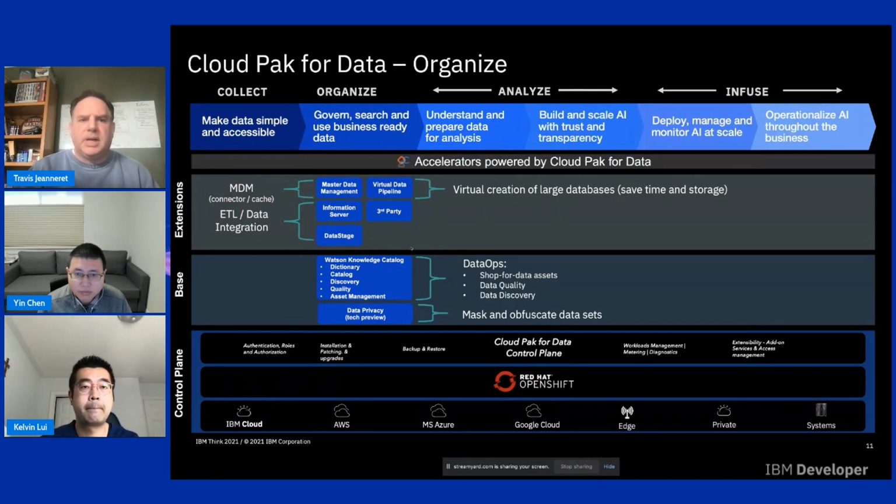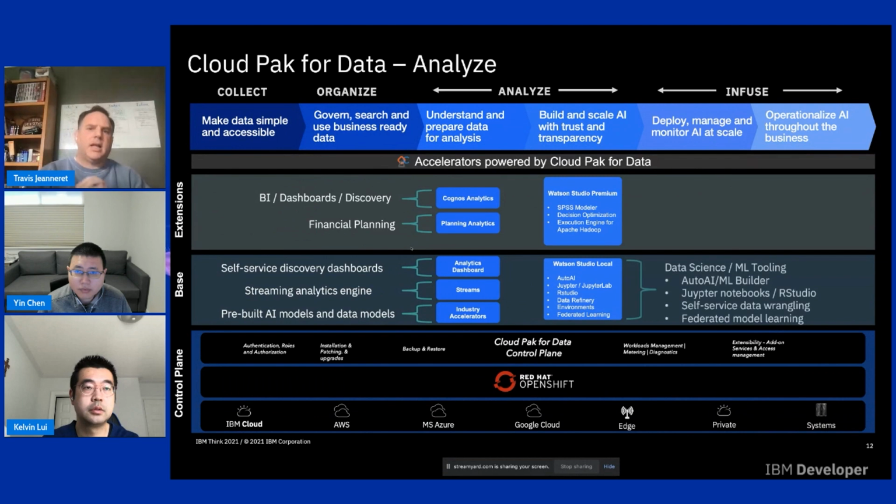Up at the top, some additional capabilities, right, that are needed kind of on a project basis or as needed for the organization. Things around ETL and data integration, master data management, virtual data pipeline is a great solution for being able to access and create new virtual data sets to use for analytics and for other purposes.